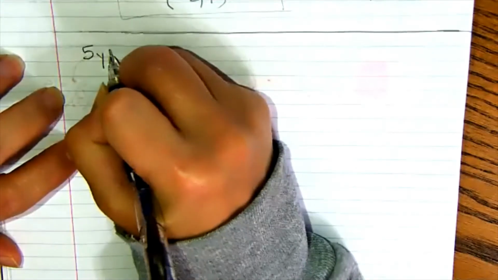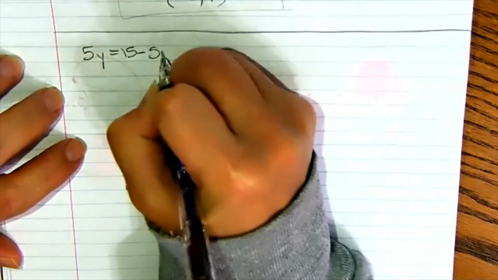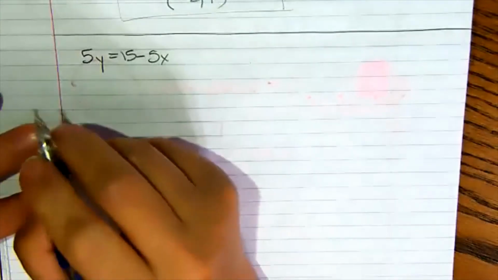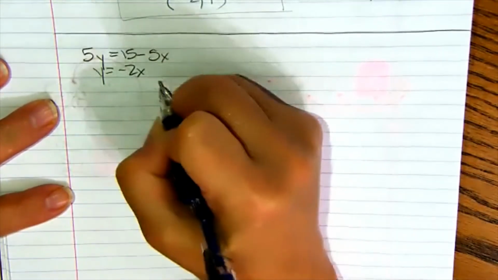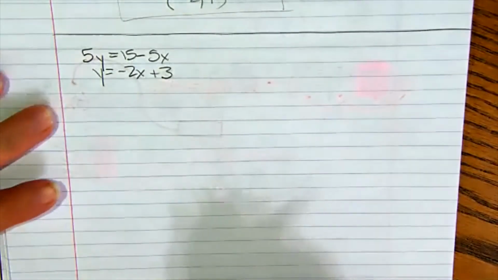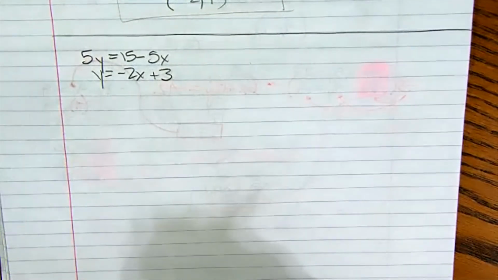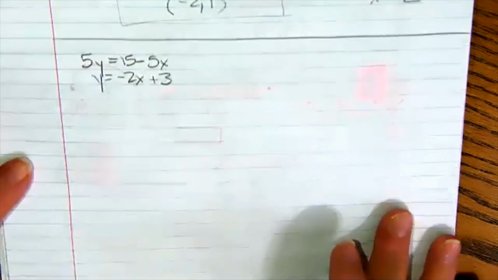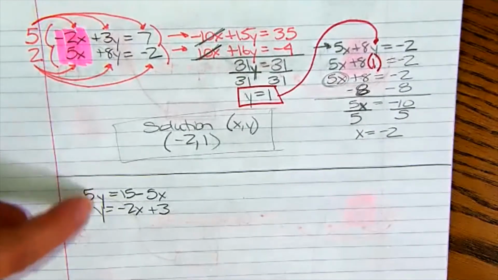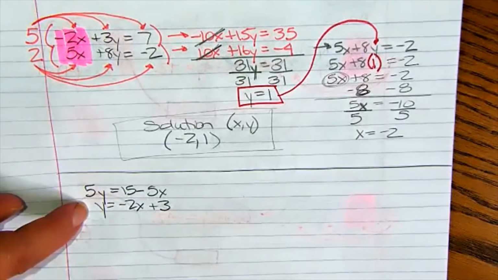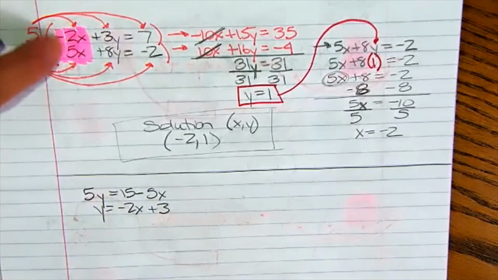5y equals 15 minus 5x. y equals negative 2x plus 3. And I know you're sitting there looking at that and you're thinking, whoa, whoa, whoa, Miss Colburn, I'm sorry, but your equations do not look like these equations.